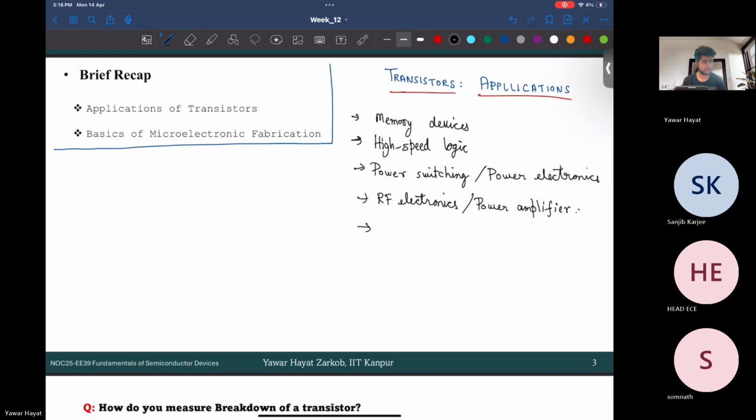Then we have low noise amplifiers. Then we have sensors or phototransistors.